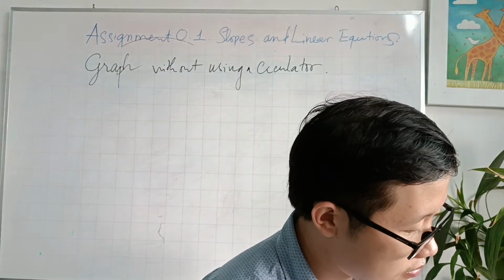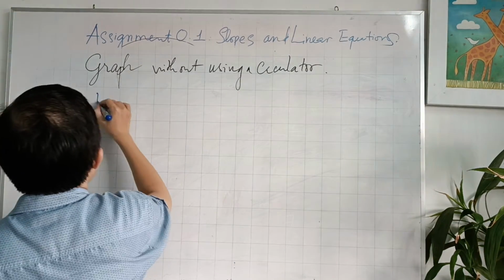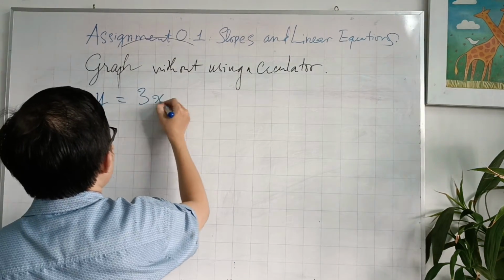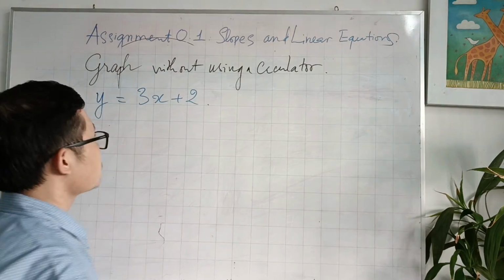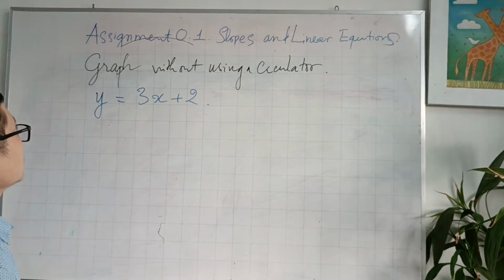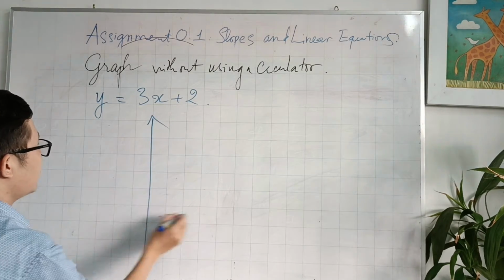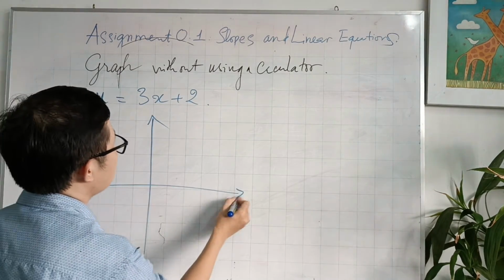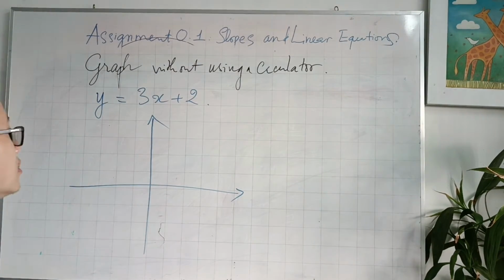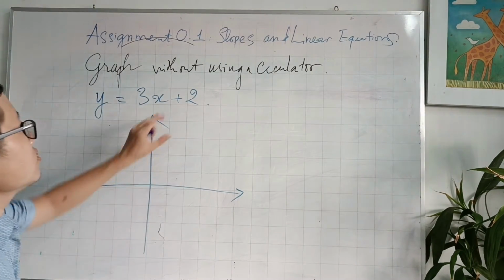The first one, y equals 3x plus 2. You sketch the rectangular coordinate system here. The first method, you choose 2 points.